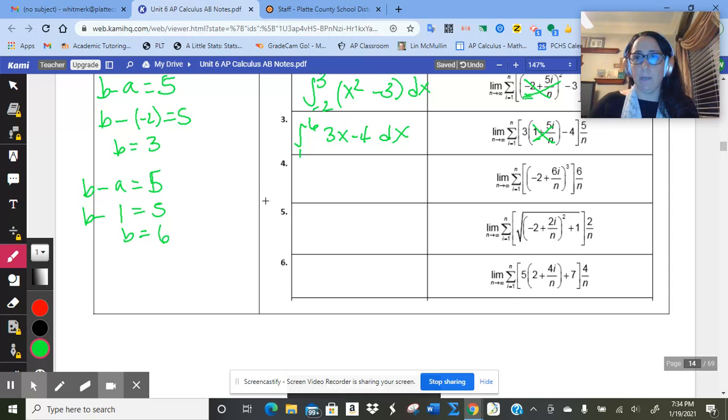Okay, this one, start at -2, have to total 6. So I would end at 4. Then I have x cubed dx. Parentheses part is my x. Okay, started again at -2. Need to go 2.